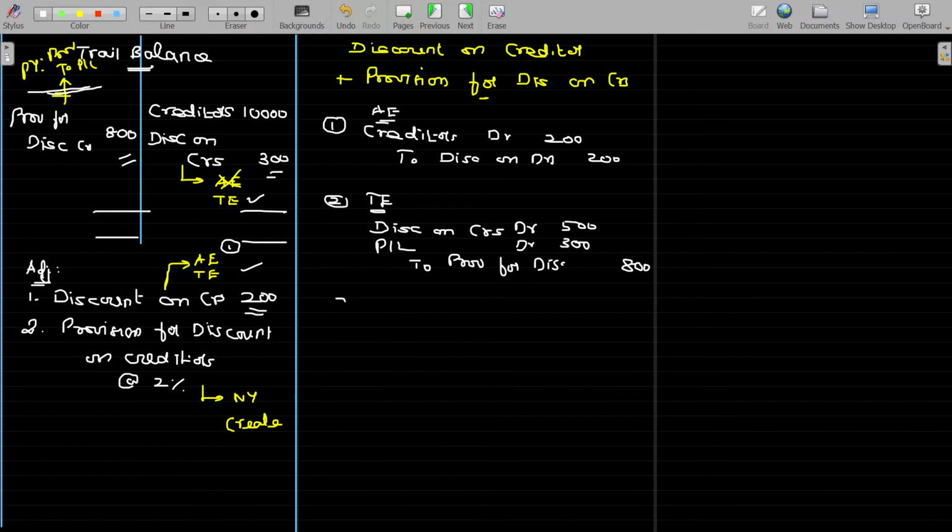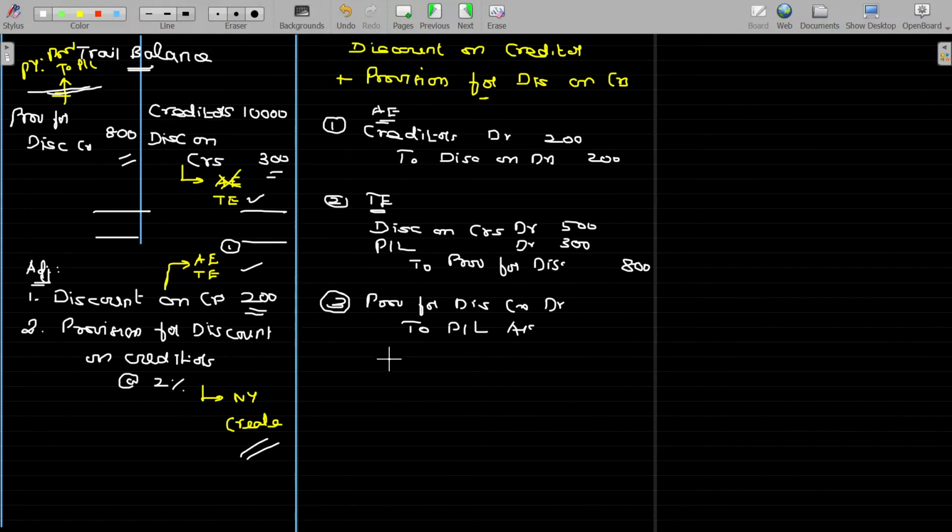The third entry is all about what? Provision supposed to be created for meeting or adjusting the discount on creditors in the later period. For that, we have to debit the P&L account by creating provision for discount on creditors in the credit side. Provision for discount on creditors, debit to profit and loss account.